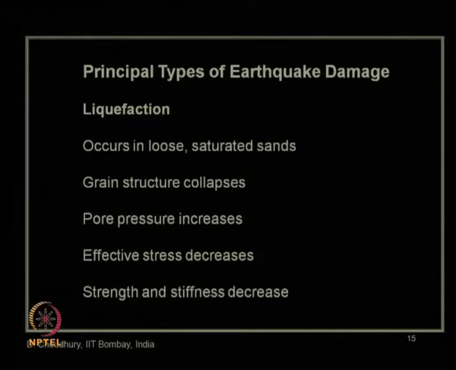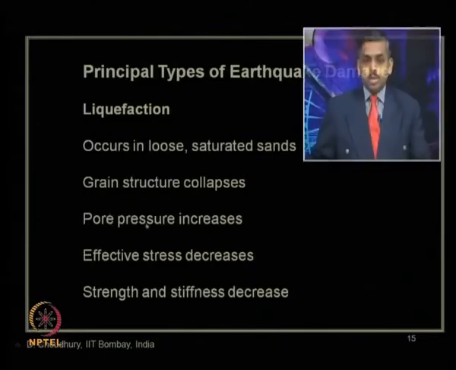Then we can discuss further the principal types of earthquake damage. Another important criterion is liquefaction. So, what is liquefaction? Liquefaction mostly occurs in loose saturated sands. In this condition, the grain structure collapses and pore water pressure in the soil increases.